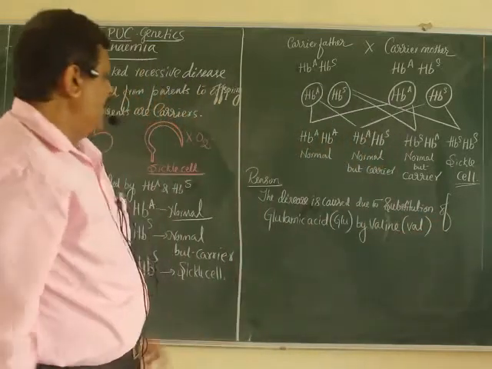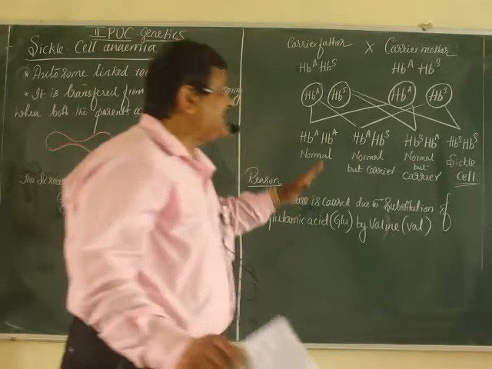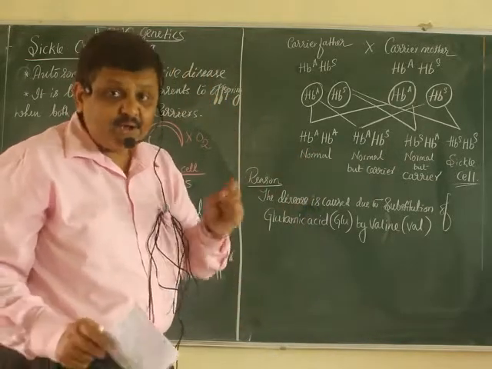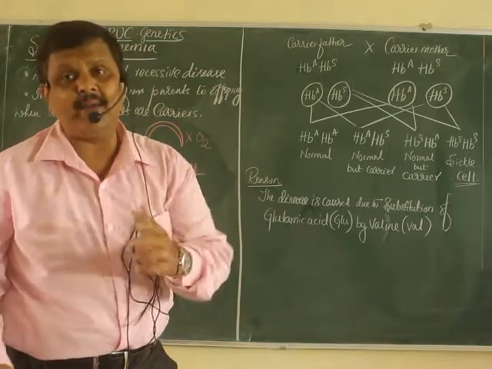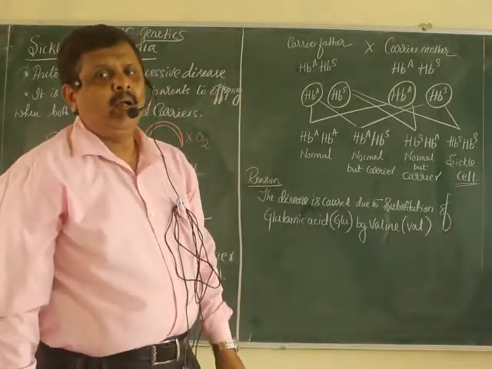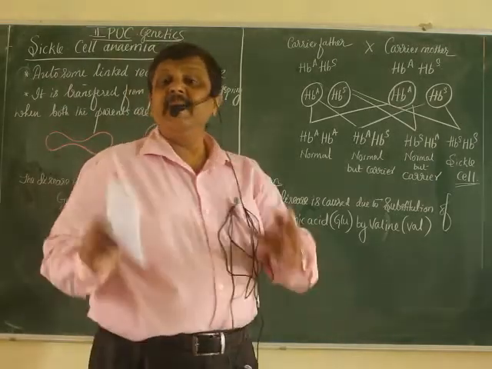Dear students, when glutamic acid is there in the gene which controls the structure of RBC, then the RBC will be normal.